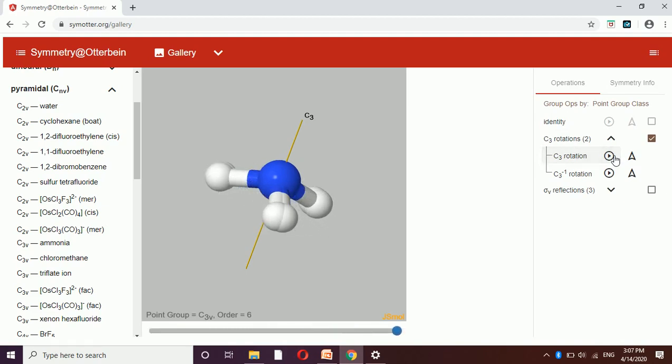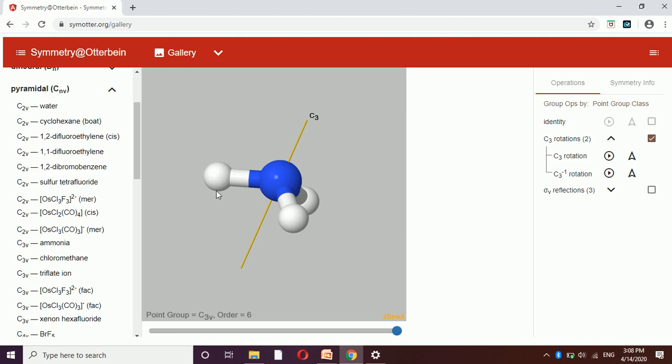This is the C3. The molecule is actually rotated through an angle of 120 degree. During 120 degree rotation, this hydrogen will shift to the position of this hydrogen. So 360 divided by 120 is equal to 3. So this is a C3 axis.